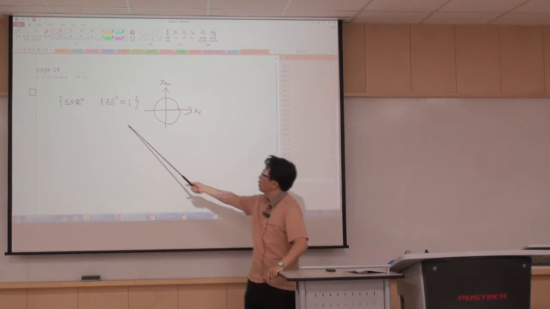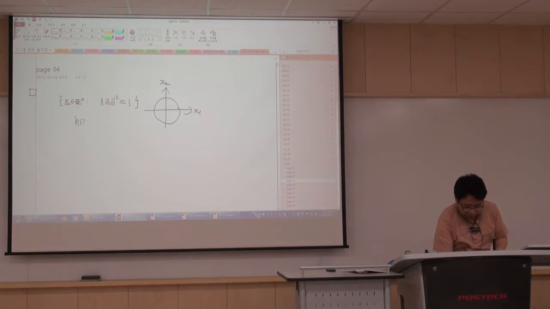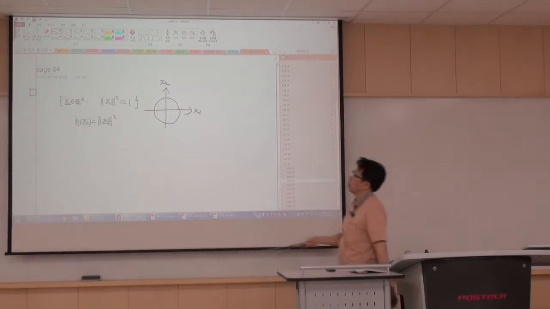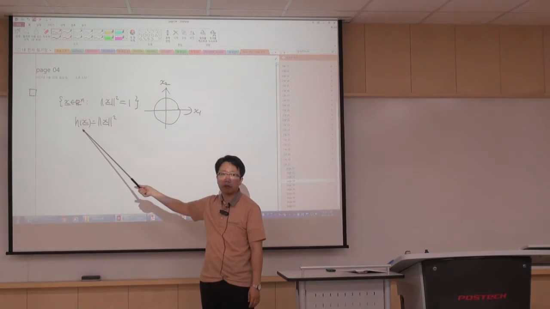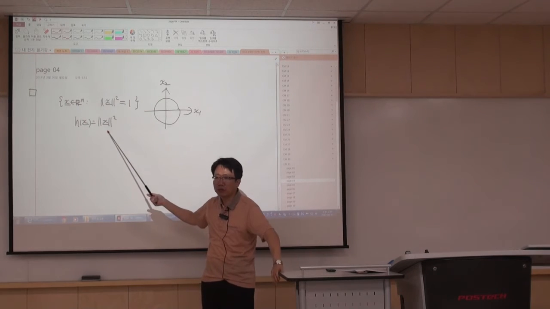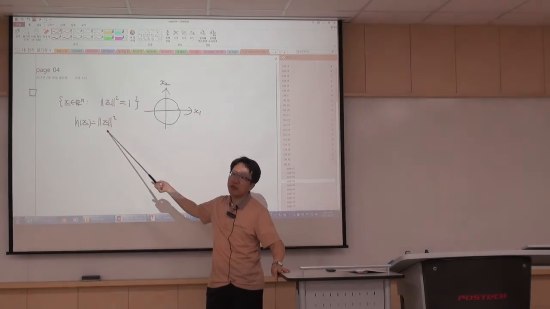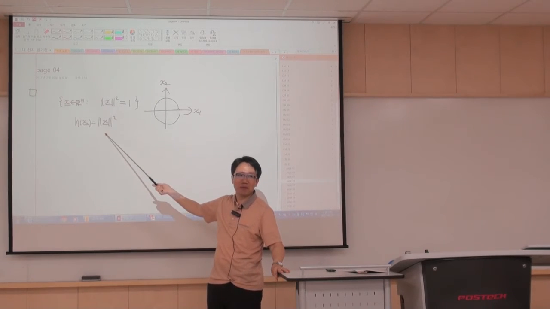Now question. Here, let's say this function is an equality constraint function. By the way, let me ask you a question. Is this function a convex function? Yes. This is a convex function. Even this is a convex function.